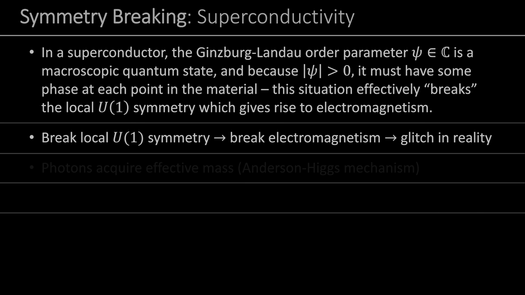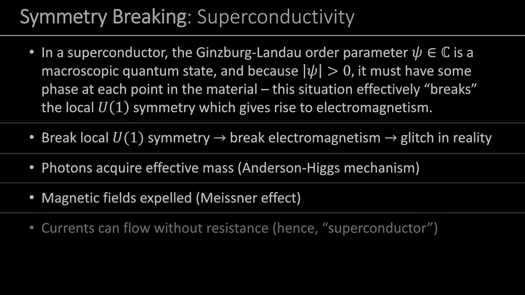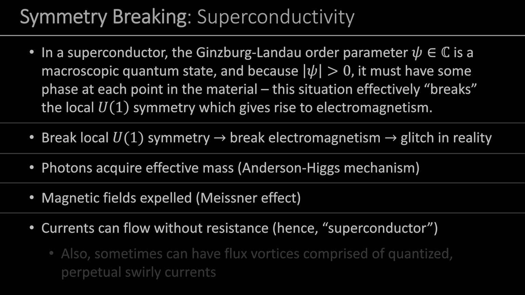And as a result, you have photons acquiring an effective mass via the Anderson-Higgs mechanism. Consequently, magnetic fields become expelled, and you get the Meissner effect. And you get lossless flow of currents without any resistance that can persist indefinitely. It's pretty crazy stuff.